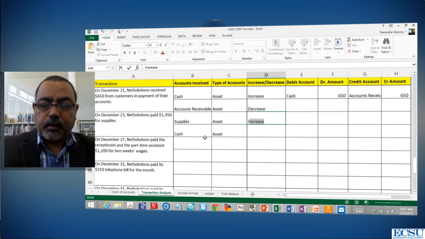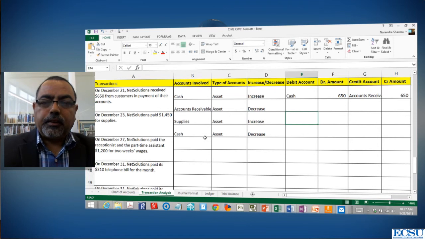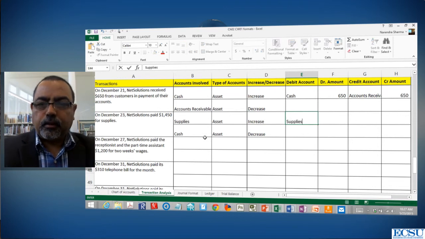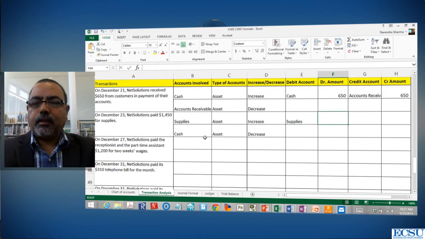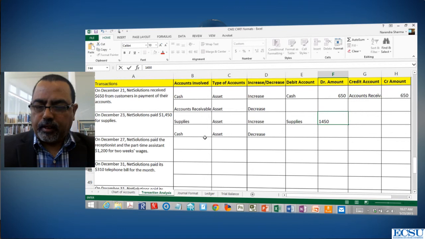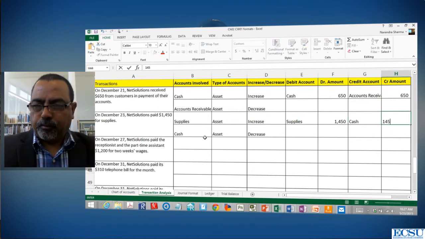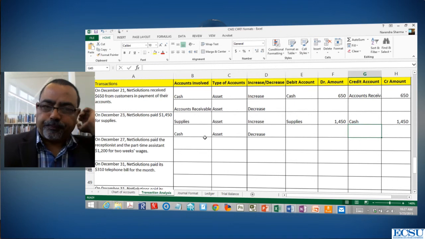Supplies is increasing because I'm buying it, cash is decreasing because I paid cash. So the debit should be supplies because according to the rule of debit and credit, an asset increase should be debited and an asset decrease should be credited. So cash is decreasing, so it should be credited. Okay.